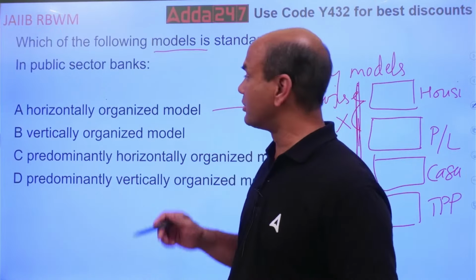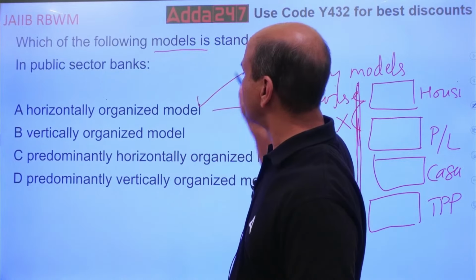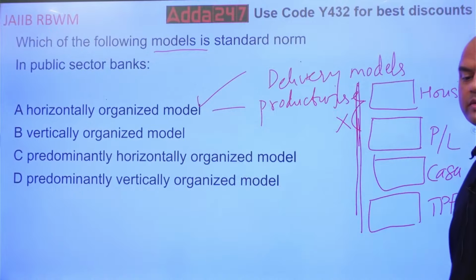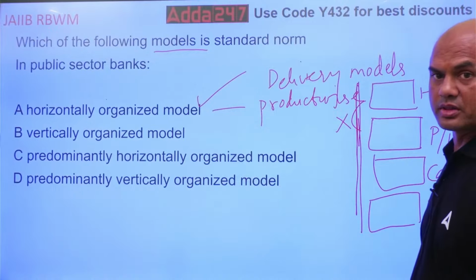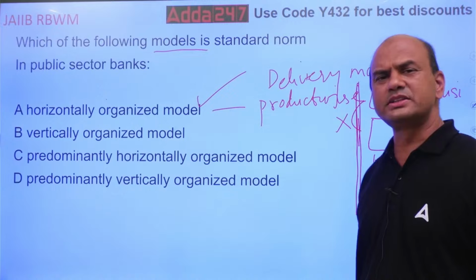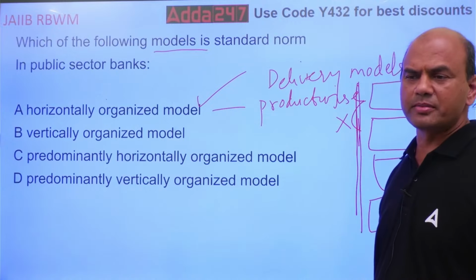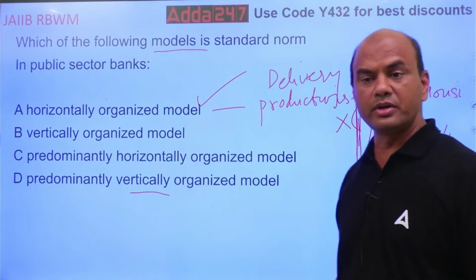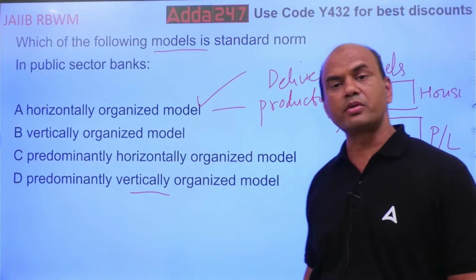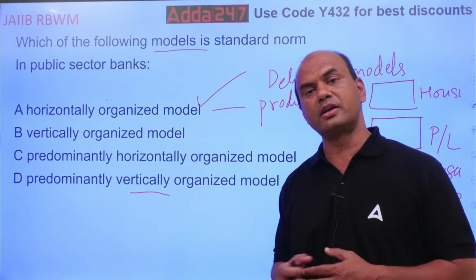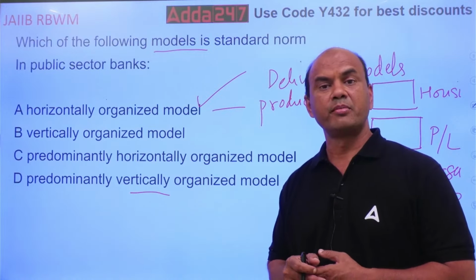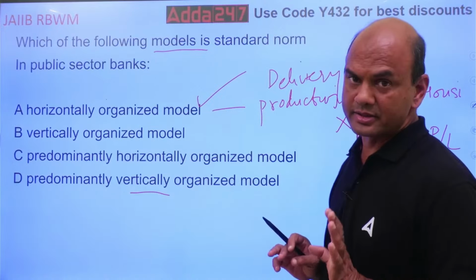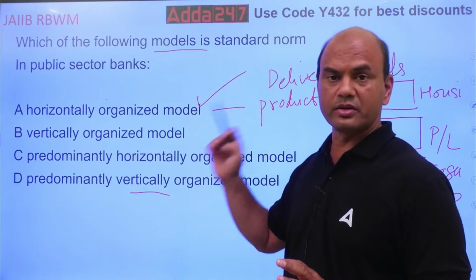As per the book, nationalized banks still follow the horizontally organized model. In some public sector banks predominantly vertical has already started, but you have to write what the book says. So it is the horizontally organized model.